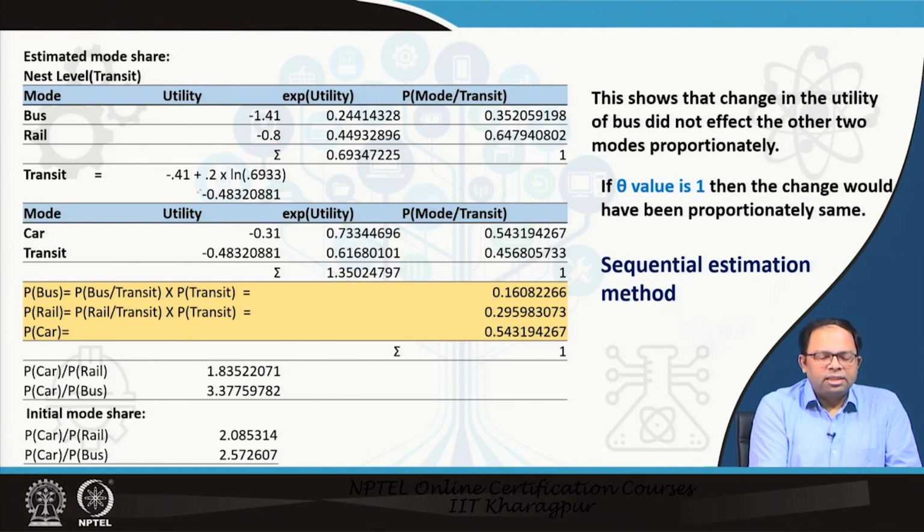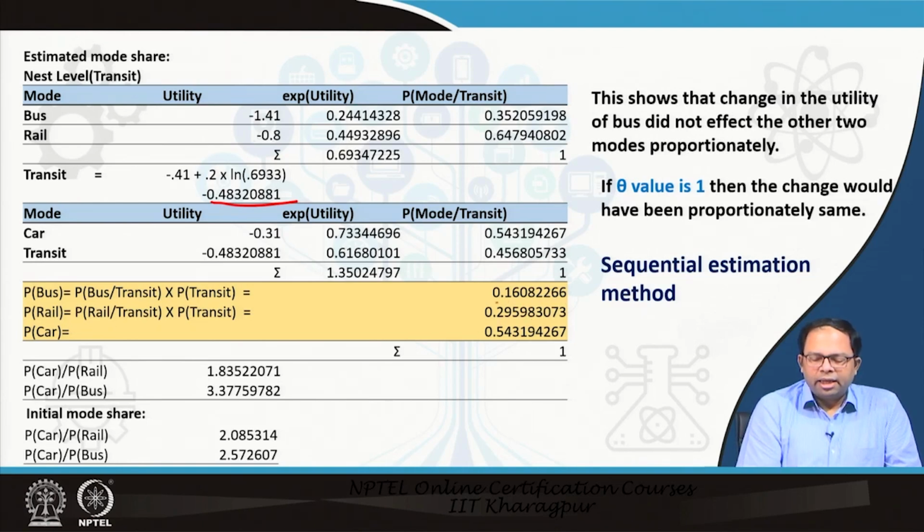The transit utility can be estimated in the same way, where the composite utility is 0.483. Car and transit can again be estimated in the same way, where we get probabilities of 0.54 and 0.456. Then the probability of bus, which is bus given transit into probability of transit, equals 0.16, and the probability of rail is 0.29.